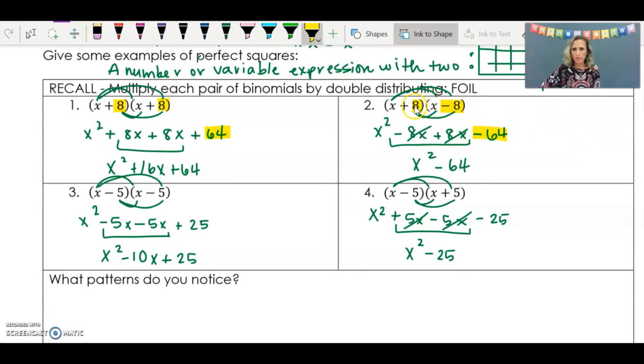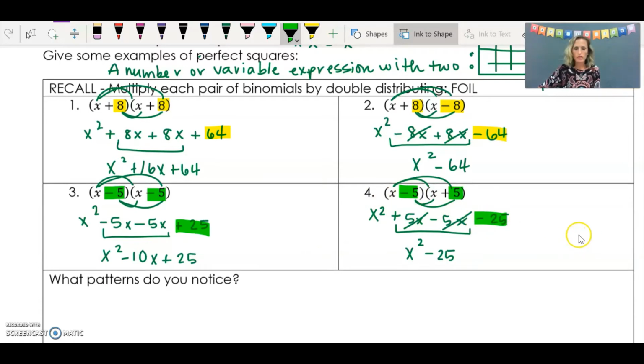So 8 times 8 is a perfect square, but if you put a negative with it, it turns your product into a negative result. Similarly, down here we have negative 5 times negative 5, that's positive 25, a perfect square, and then we have negative 5 times 5, which gives us negative 25.